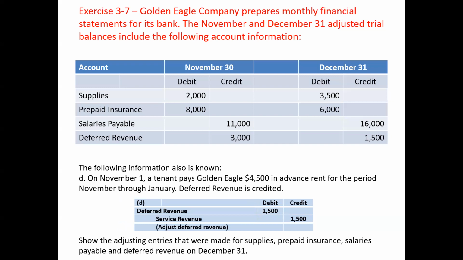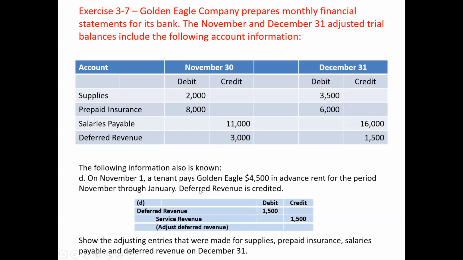Last one. We see deferred revenue was $3,000 credit as of November 30th. And as of December 31st, it was a $1,500 credit. But we also know that on November 1st, so this is before November 30th, a tenant pays Golden Eagle $4,500 in advance rent for the period November through January.